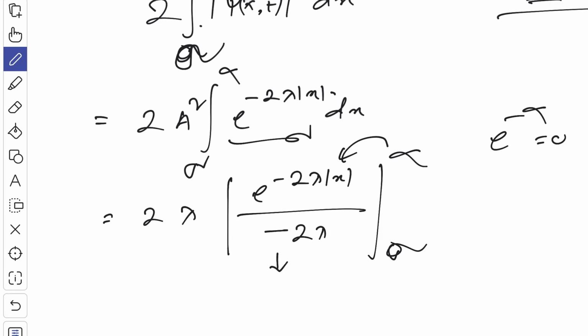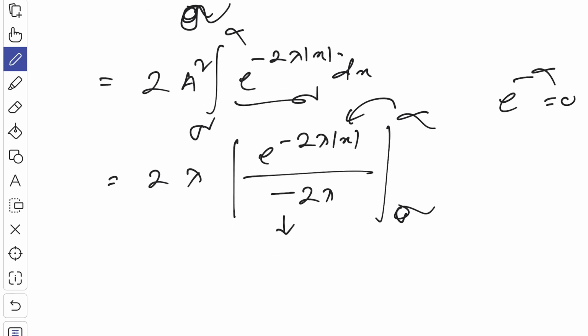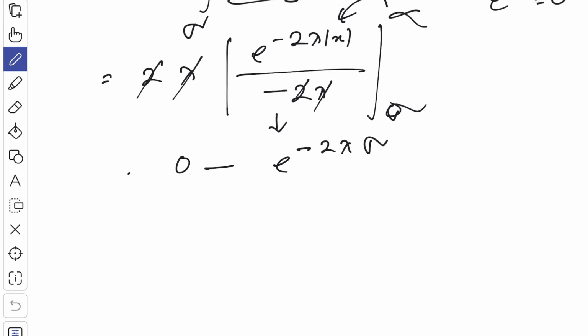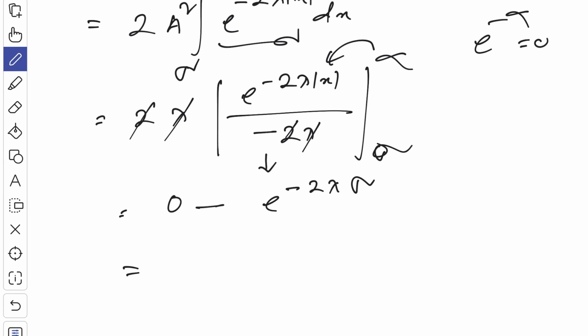From this, if you evaluate this, you will see this 2 and this 2 are gone, so you will get 0 minus, and if you put sigma here, then you will get e to the power minus 2 lambda sigma. Also one more thing, there is a minus sign, so it will be plus.